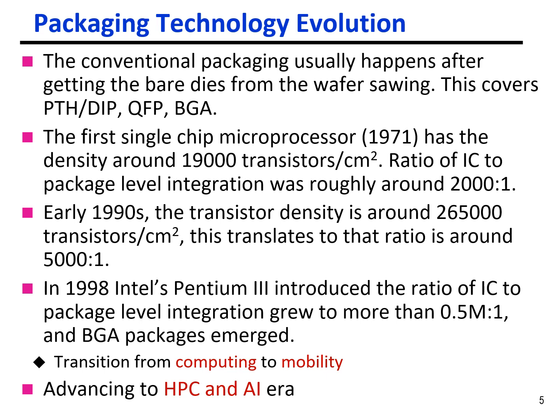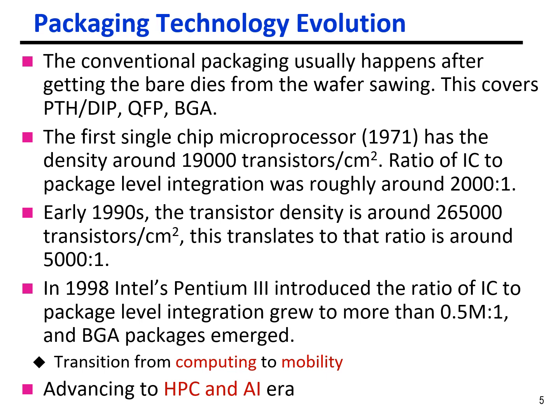But when we move to the 1990s, the transistor density goes up to 265,000 transistors per square centimeter, and the ratio goes to around 5,000 to 1.